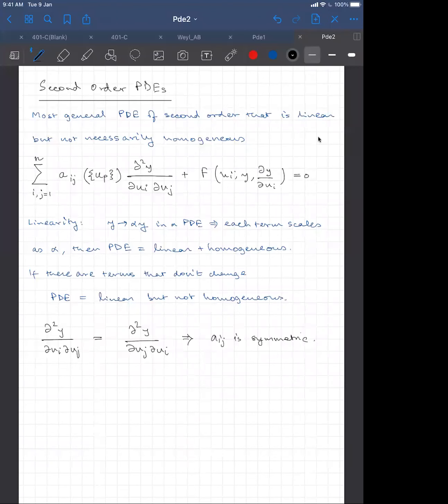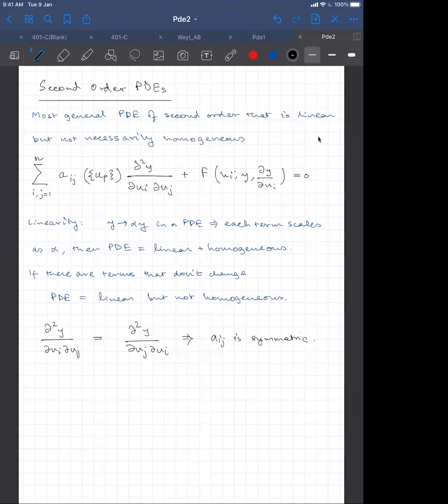So the partial differential equation is going to be classified by the signs of these eigenvalues, and the nomenclature is going to be very similar to that you have previously seen in conic sections and things like that.